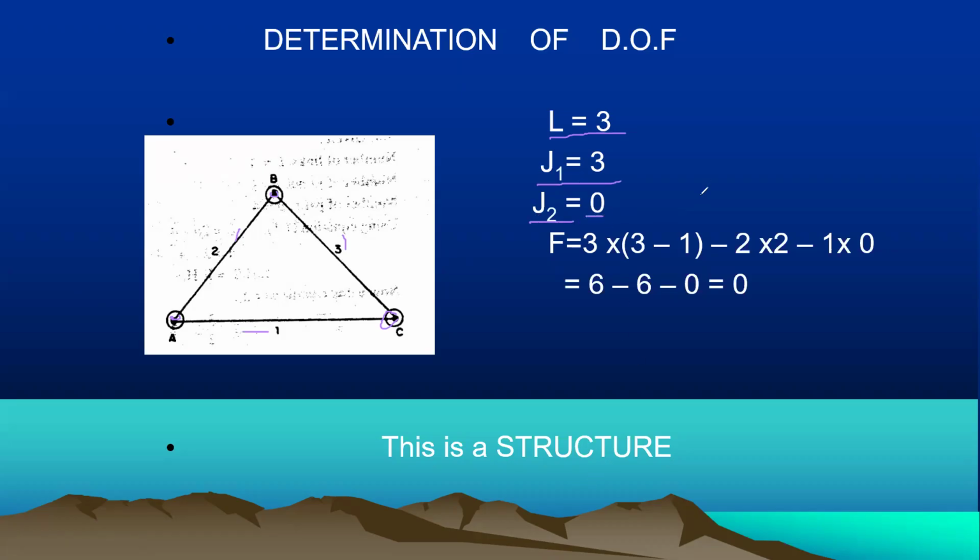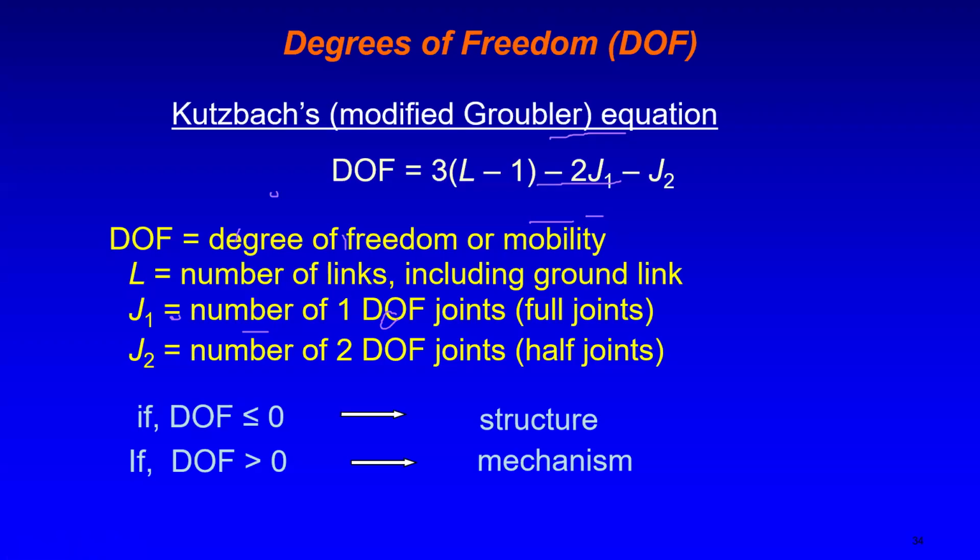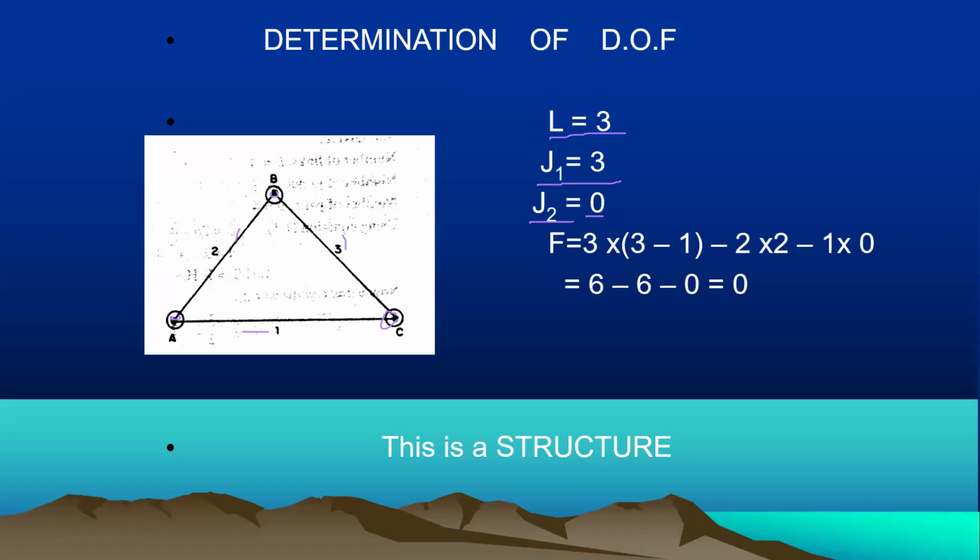Now applying our Kutzbach equation, our degrees of freedom is given by 3 into L minus 1, minus 2J1, minus J2.